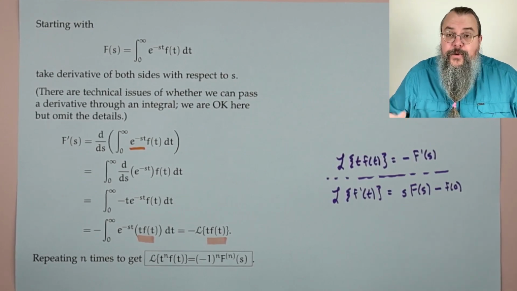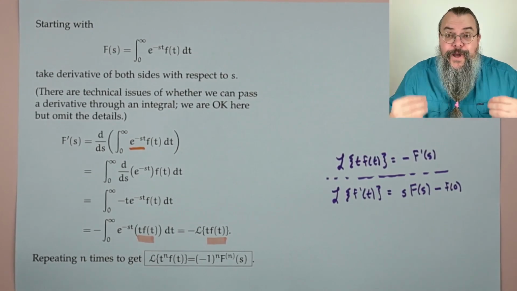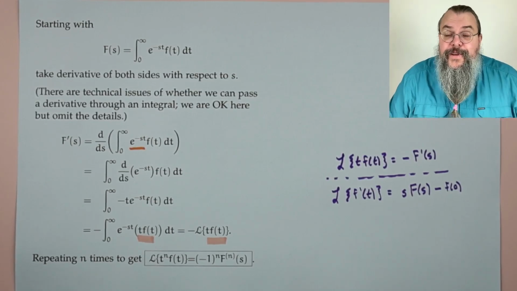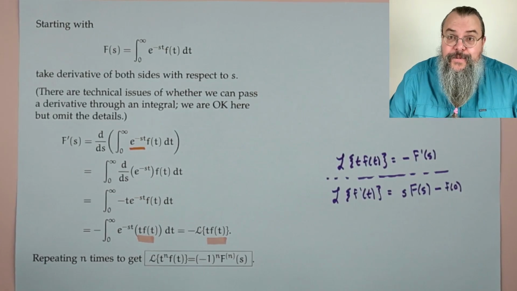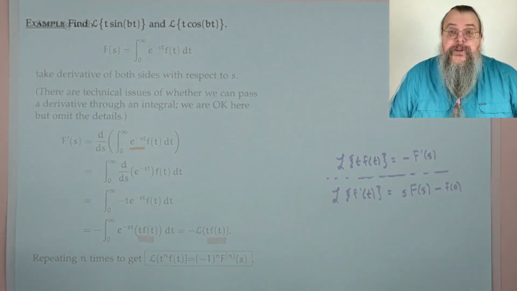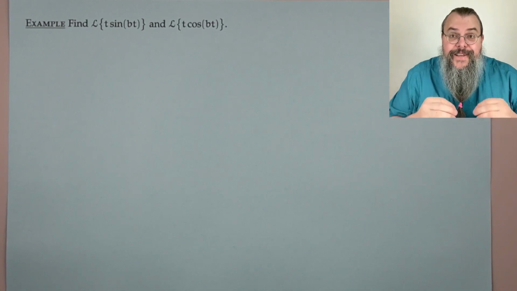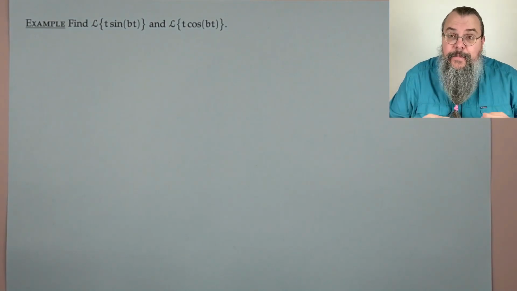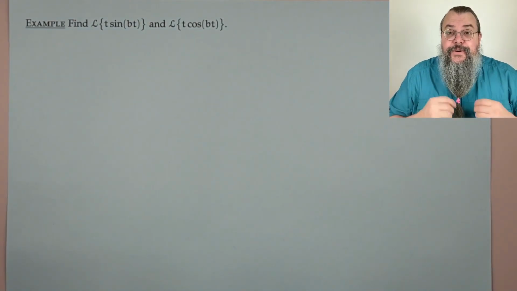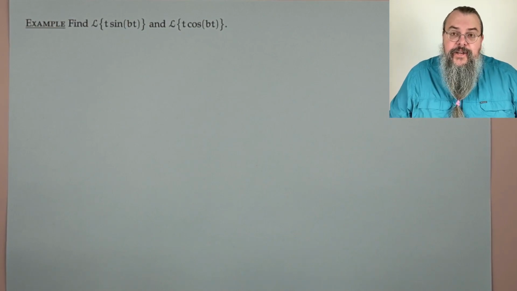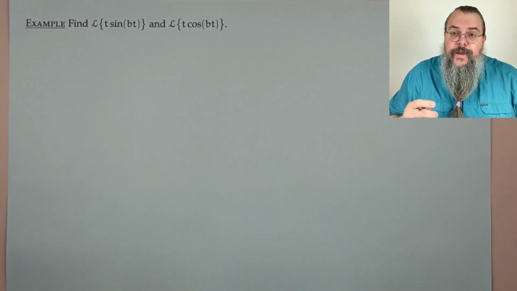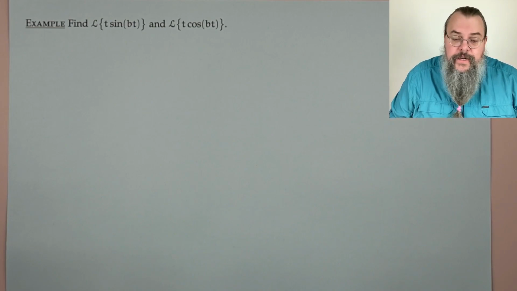All right, so what can you do with this? Well, we can actually do a lot of fun things. We're going to go through and do a few examples showing how we can apply this particular rule. So let's start by finding the Laplace transform of t sine of bt and the Laplace transform of t cosine bt. Now here we can say, look, we have a couple of things we already know.